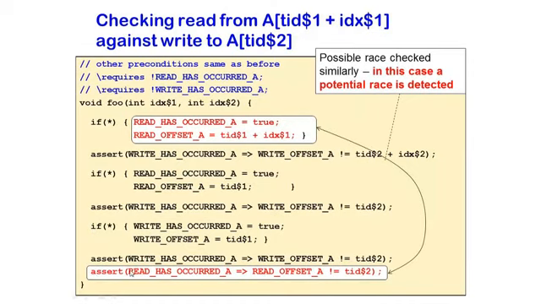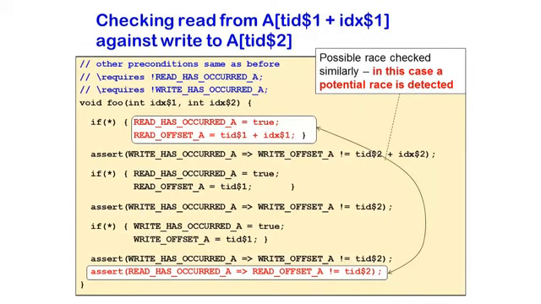And then finally, we get to this assertion, and we say, has there been a read from A? Yes, because we set this variable to true here. Okay, well in that case, read offset A must not be the same as tid2. Read offset A is tid1 plus idx1, and we have no constraint on idx1. So in fact, there will be an assignment to idx1 such that tid1 plus idx1 is equal to tid2. For example, if tid1 was 0, tid2 is 1, then setting idx1 to be 1 would cause a data race to occur.